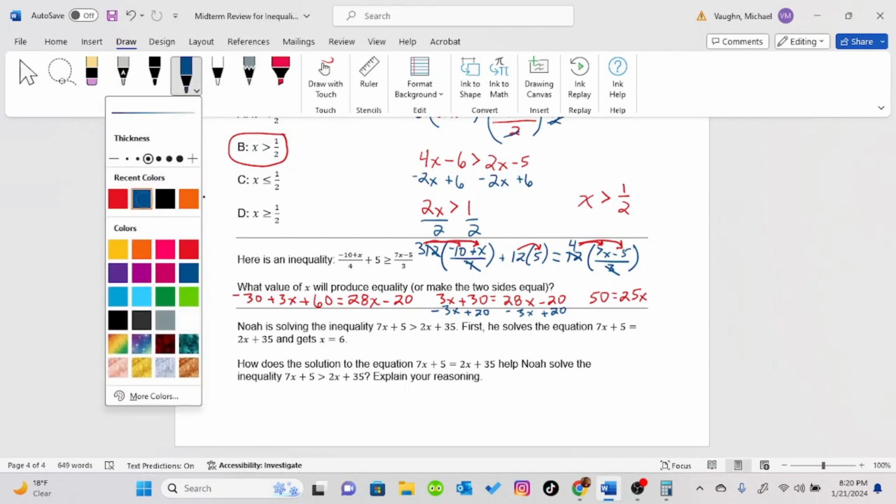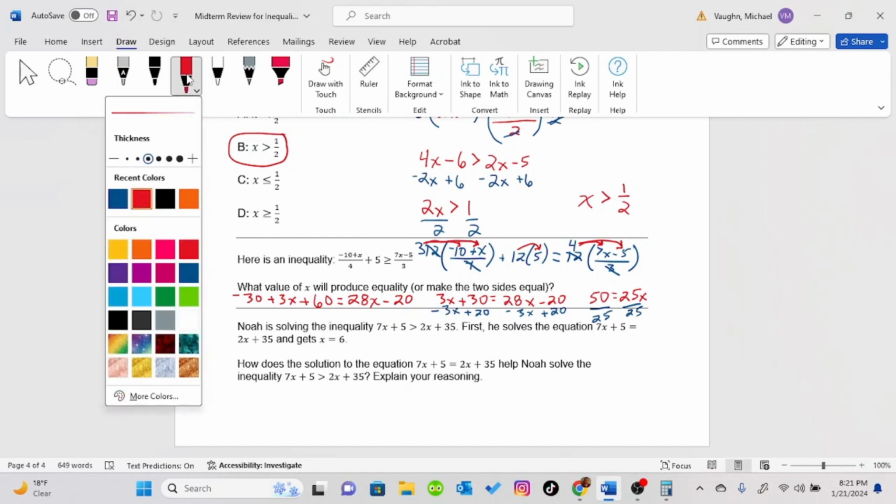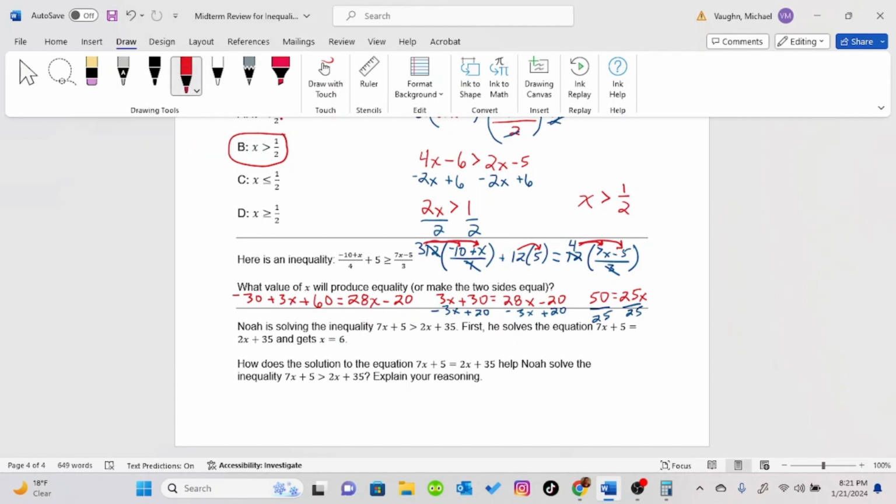To get x by itself, we will divide both sides by 25. And we will find out that x equals 2. This is the number that will make both sides of this inequality equal.